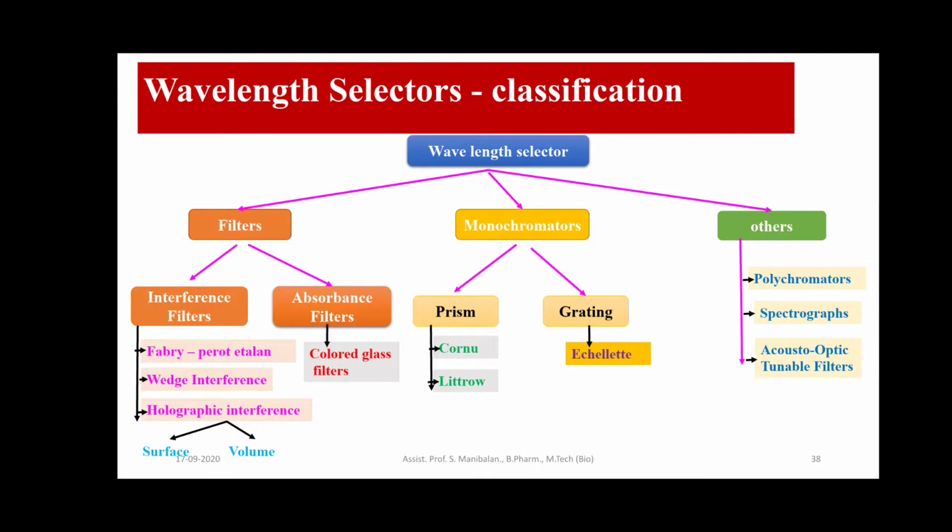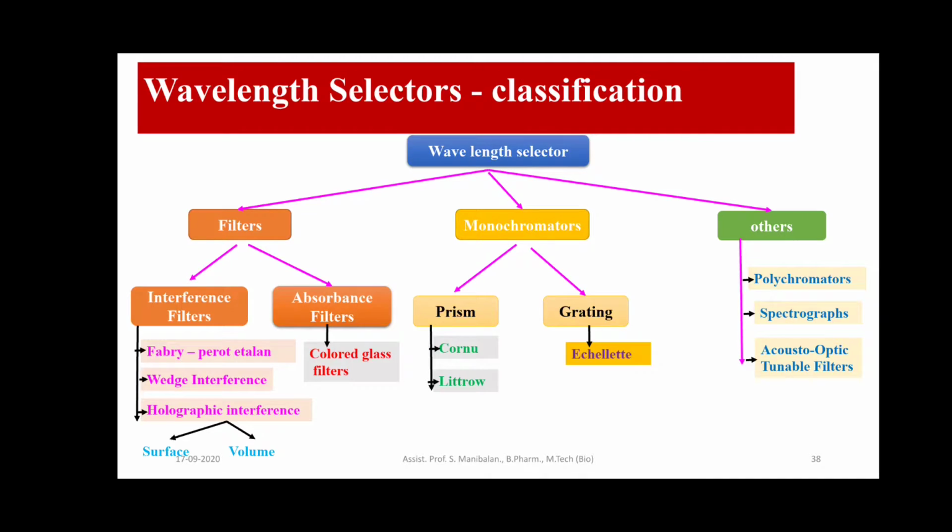When it comes to the absorbance filter, those are very simple and classical, made of glass or any transparent material. Mostly those are colored materials which absorb part of the spectrum of the light and transmit only one type of wavelength through the material.